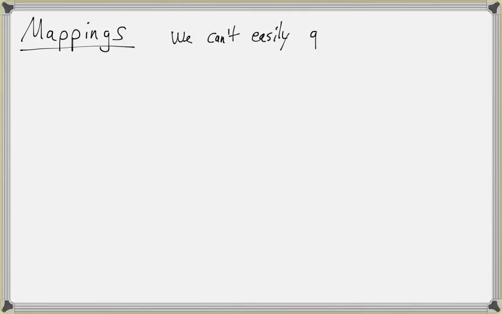So we can't easily graph w equals f of z, since z doesn't lie on a line like a real valued function. z and w each lie in a plane.